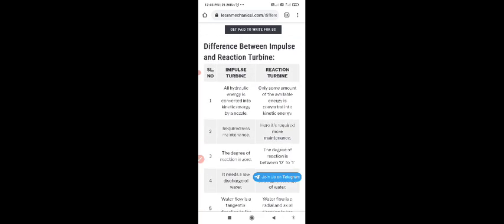Before moving further, now let us differentiate between the impulse and reaction turbine. These are all the differences between impulse and reaction turbine. In the impulse turbine, all hydraulic energy is converted into kinetic energy by a nozzle.